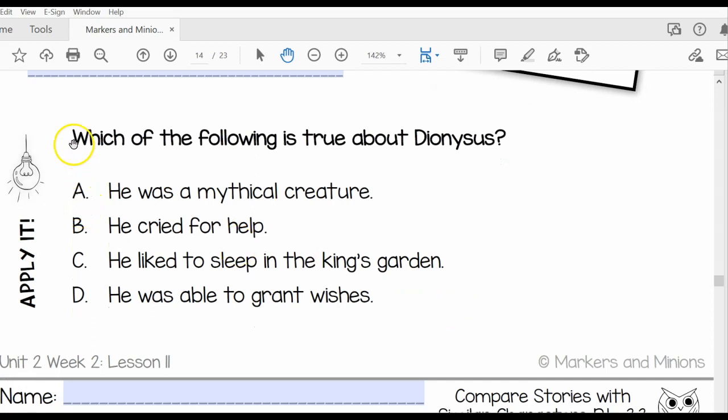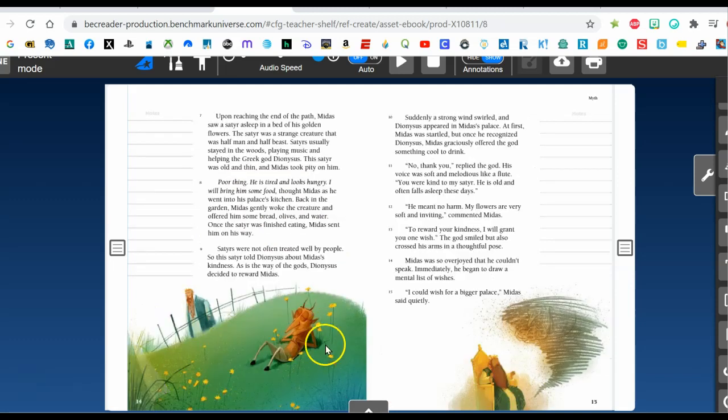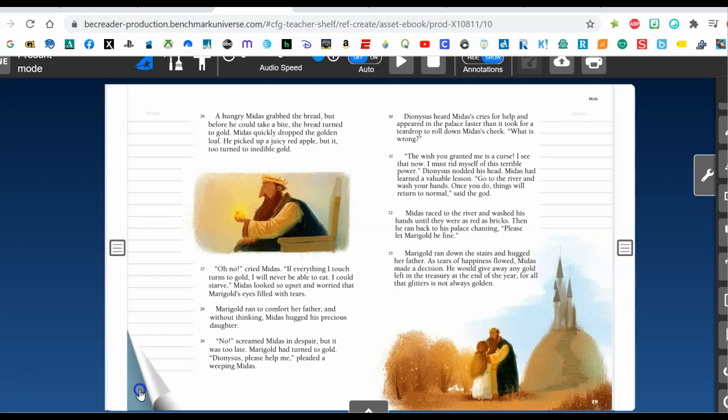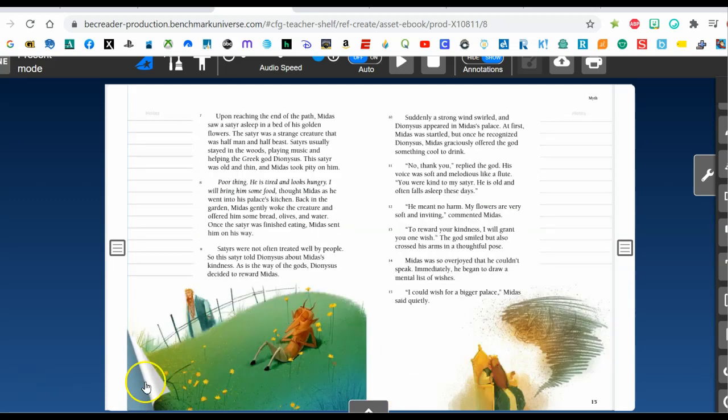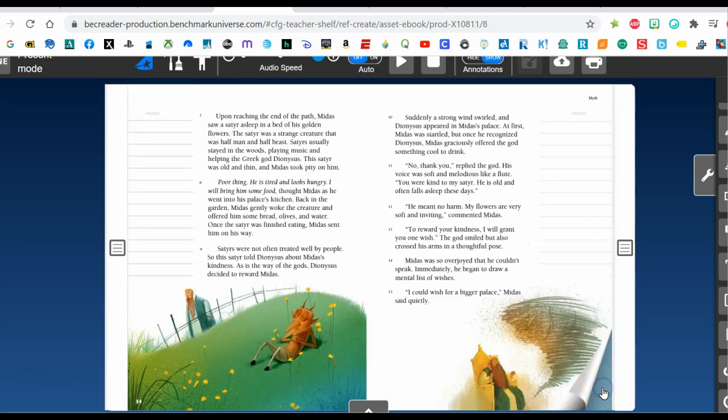Okay. And then look at the bottom section. It says, which of the following is true about Dionysus? Well, let's read. He was a mythical creature. Well, we really don't see a picture of him, right? That kind of looks like a mythical creature. He has powers. See, that's him, right? No, that's not what happened. You passed him. This right here. No, I'm not talking about King Midas.